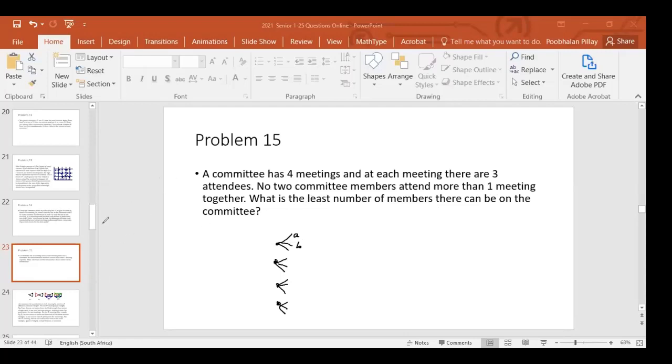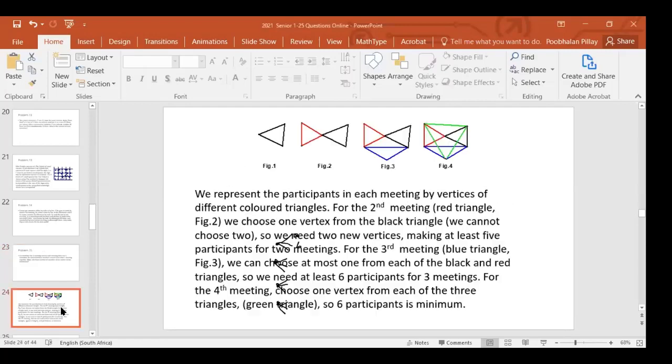Okay, so let's just go to my solution here. Now, I've written out the solution here in detail. So suppose you got 3 people in a committee. So this is the first meeting.